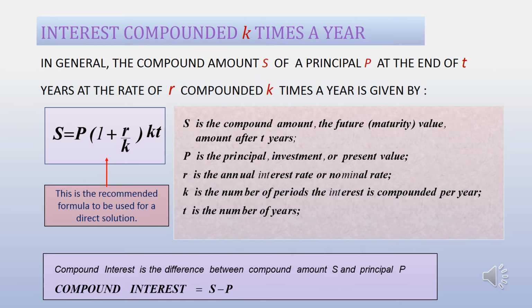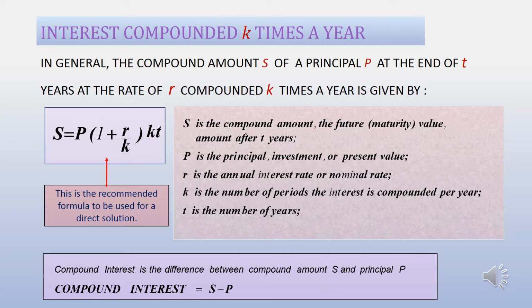Now, we can finally conclude that, in general, the compound amount S of a principal P at the end of T years at the rate of R compounded K times a year is given by S equal to P multiplied by (1 plus R over K) to the power of KT.